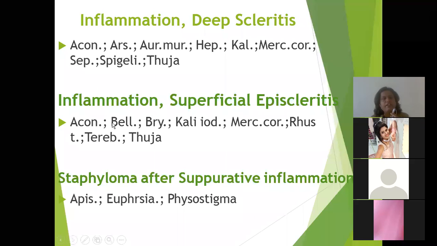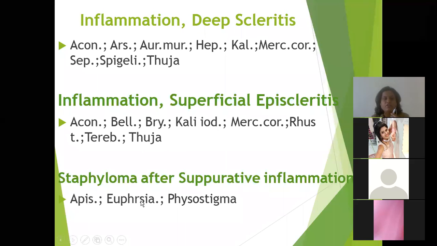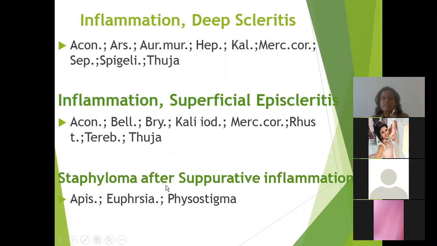Aconite, belladonna, bryonia alba, kali iodatum, mercurius, rhus toxicodendron, terebinthina, thuja can be used in superficial episcleritis. And Apis mellifica, Euphrasia officinalis, and Physostigma can be used in staphyloma after a suppurative infection.